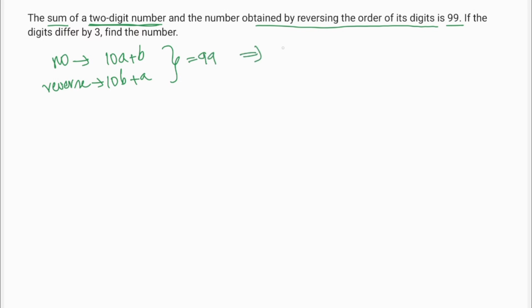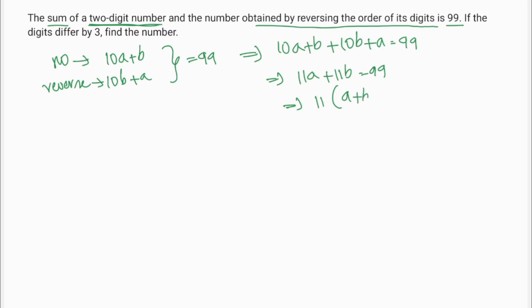Okay, now we will add these two. 10a plus b plus 10b plus a is equal to 99. You get 11a plus 11b is equal to 99. You take 11 common. 11 into a plus b is equal to 99. 11 into 9. So we get a plus b is equal to 9.